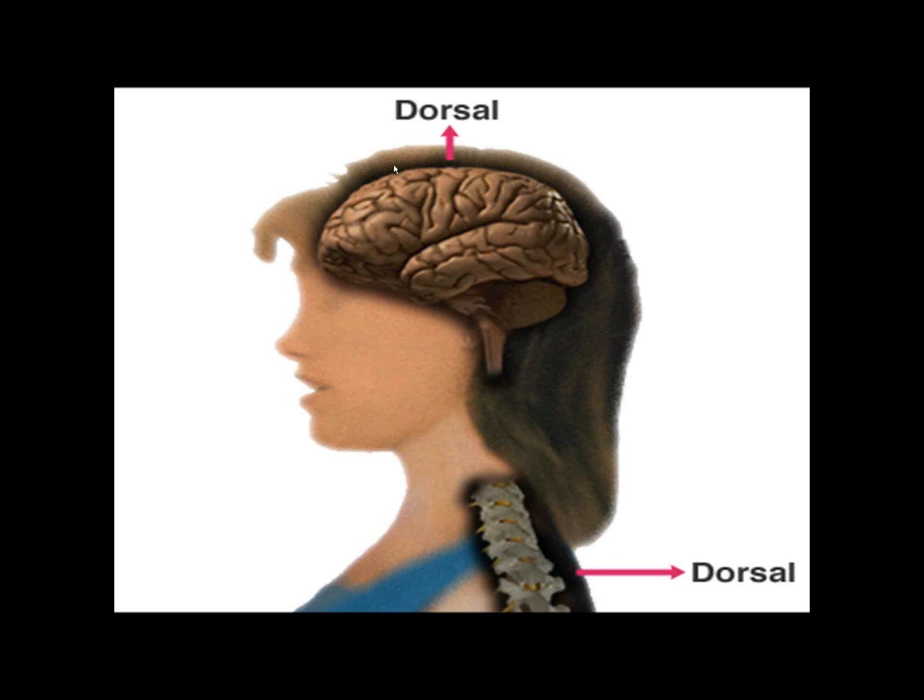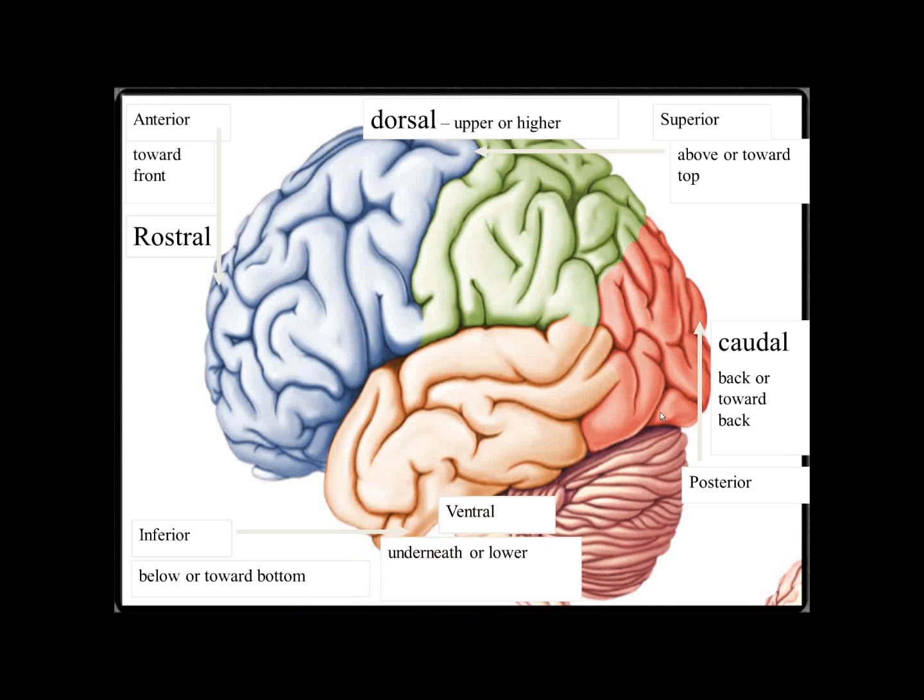But in the human, of course, we have dorsal, which is up or upper in terms of the brain, but since the brain is oriented upward and the spinal cord is oriented vertically, and the dorsal aspect of the spinal cord is directed towards the back of the body, then we have two directions for dorsal. So again, we have other terms.